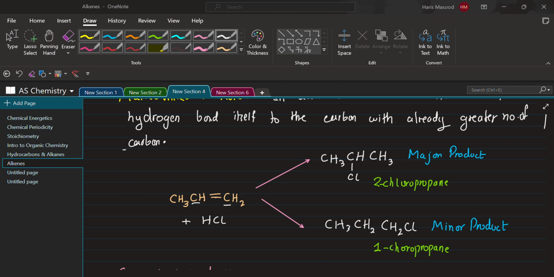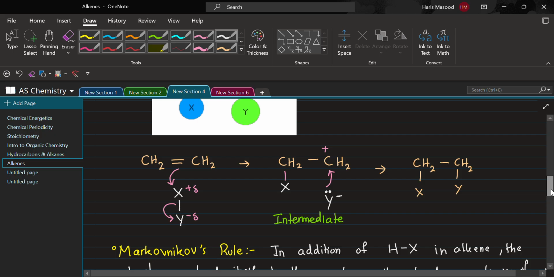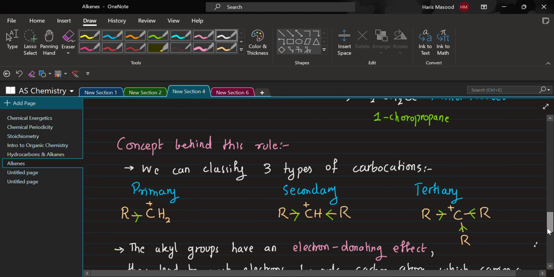Basically you just have to make the intermediate that is more stable, so that the coming electrophile then attaches to that secondary or tertiary carbocation. So basically we avoid making the primary carbocation. Clear? So this was the whole mechanism of electrophilic addition, and how Markovnikov's rule applies here.